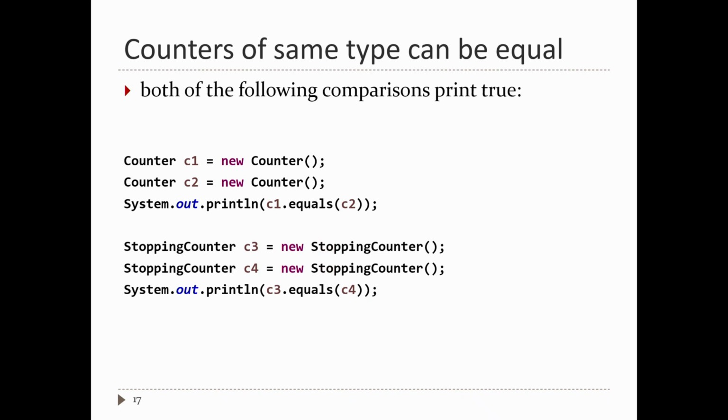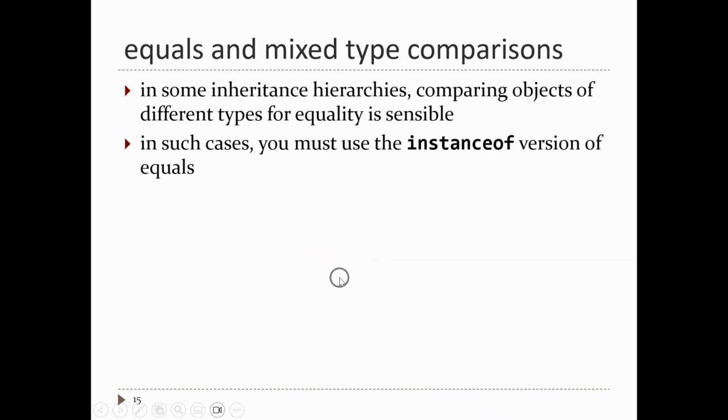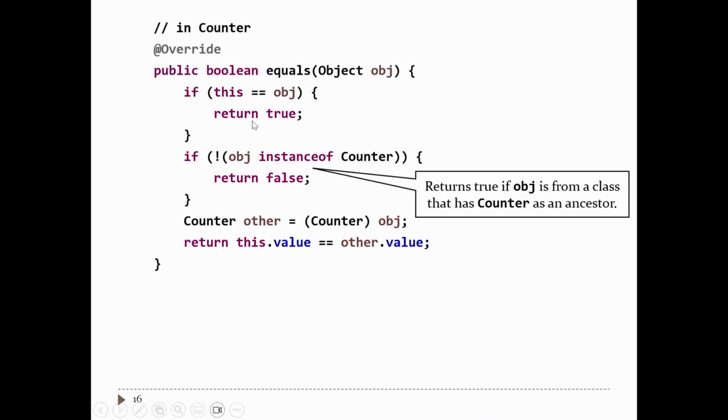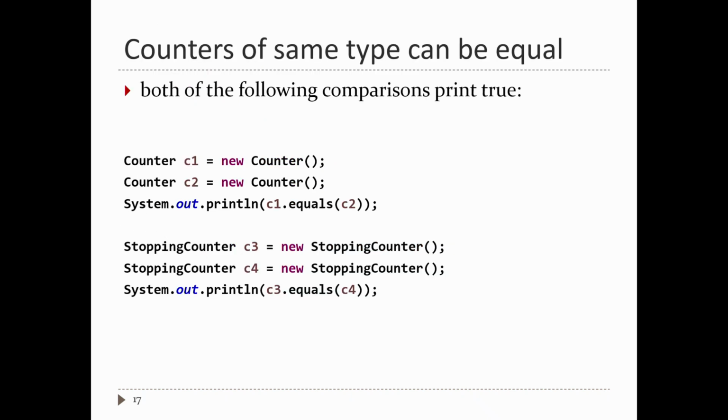When we have two stopping counters, is a stopping counter an instance of Counter? Well, StoppingCounter is a subclass of Counter, so instanceof returns true. Not true is false, so we skip over the if statement and come down to here. And so this also works.